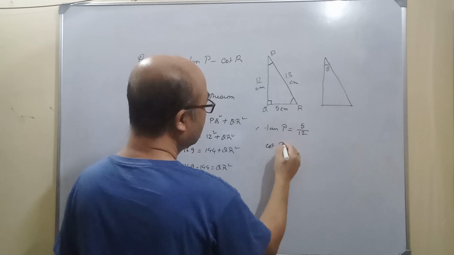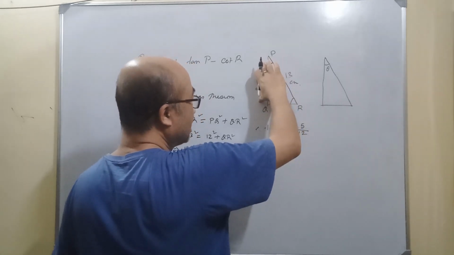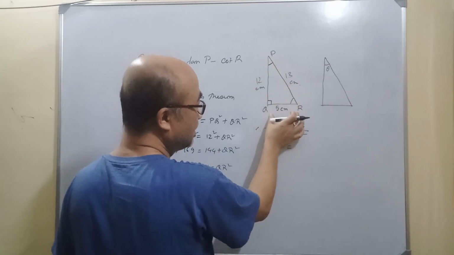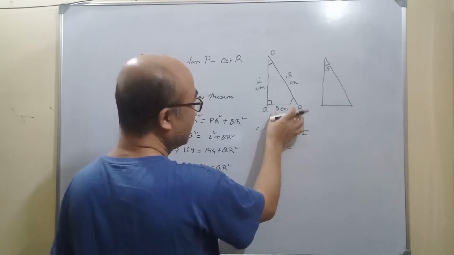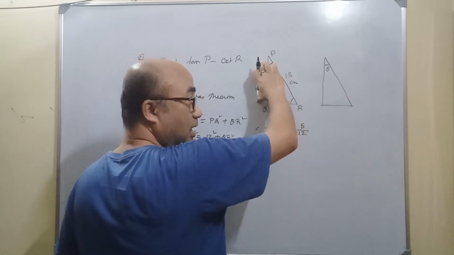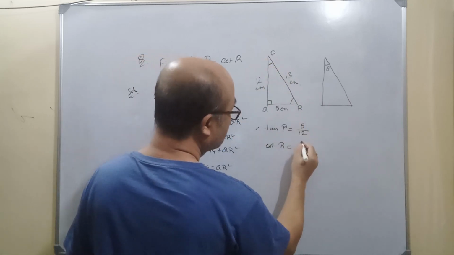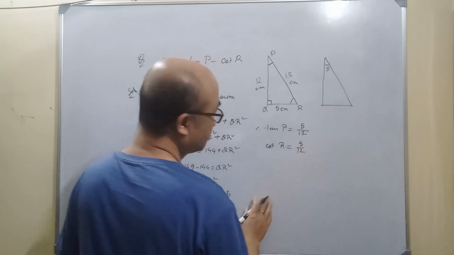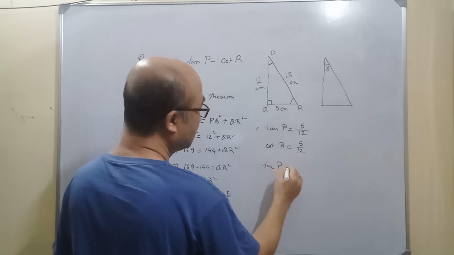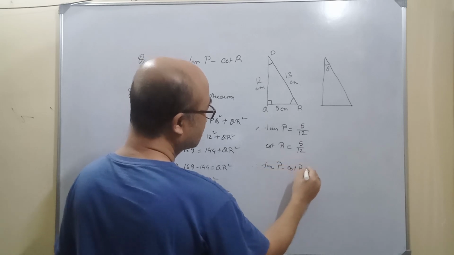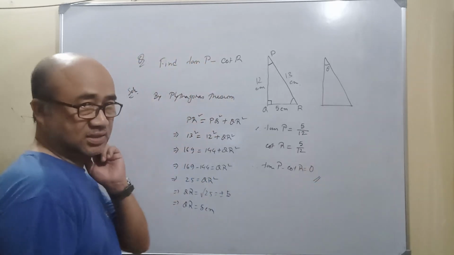And cot R, this angle: this side is the opposite side and this side is the base side, so cot R is base by perpendicular. Same thing, so both are equal. Hence tan P minus cot R is equal to 0, and that is the answer.